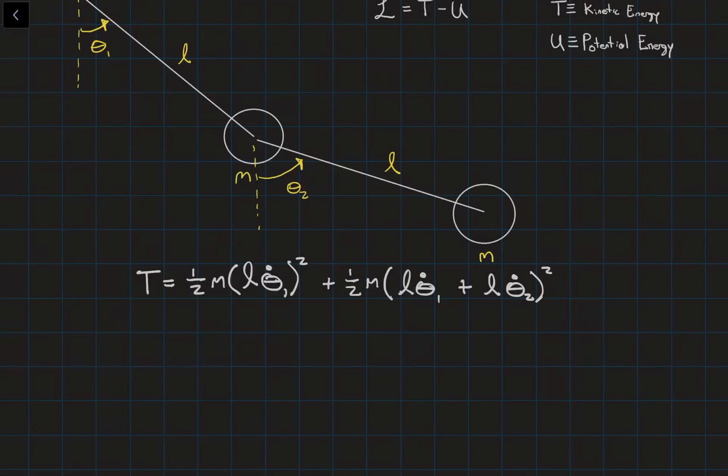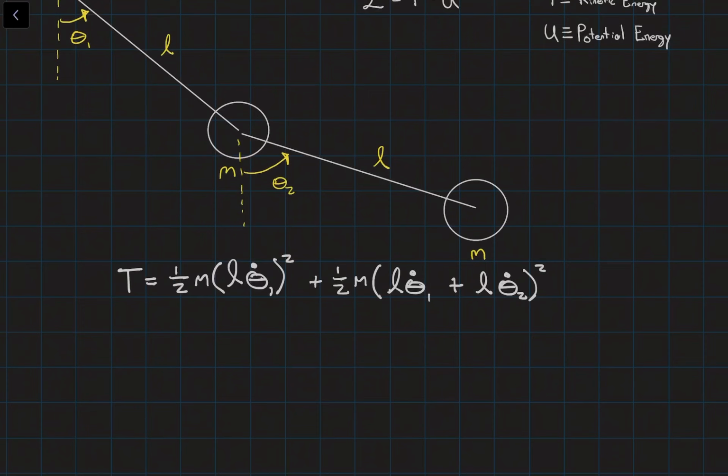And we need to write the inertial velocity, so with respect to a fixed reference frame, that's the velocity that we're writing here. This is the velocity of mass 1 plus the velocity of mass 2 relative to mass 1. So then that gives us the inertial velocity of mass 2.